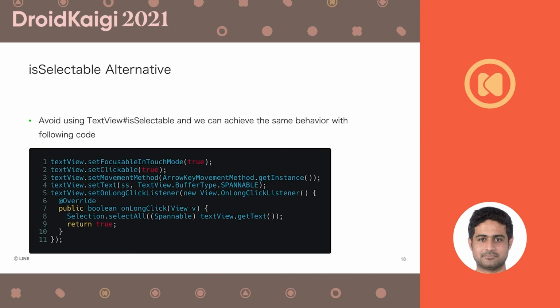We can achieve this property's behavior with a combination of simple properties. We can use setFocusableInTouchMode, clickable, movement method, text, and all these methods. Using these properties, the behavior will be similar to textIsSelectable, right? So we can ignore this property and do it ourselves.